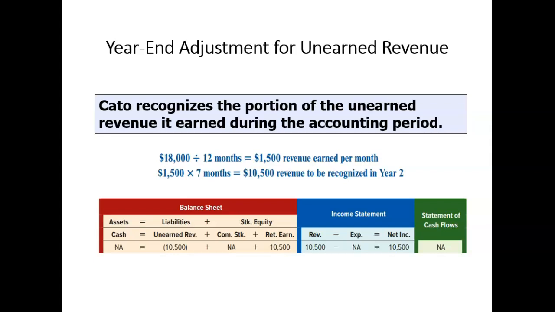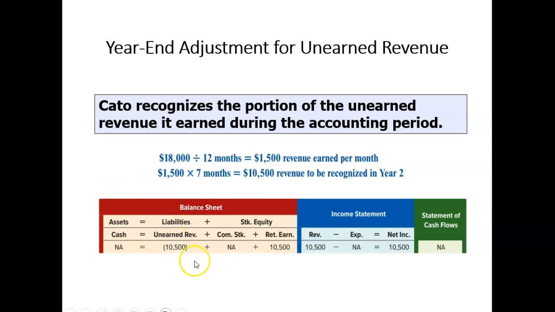Let's see. Use your fingers. June, July, August, September, October, November, and December. That is a 7-month time period. So 7 times 1,500 equals $10,500. Therefore, by the end of the year, 10,500 of the 18,000 has now become revenue.